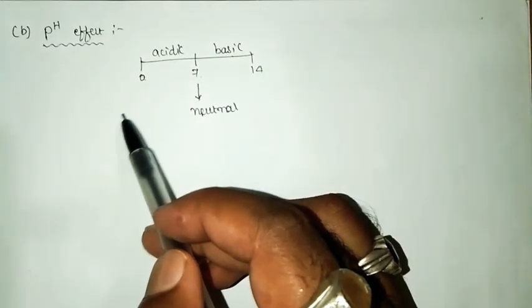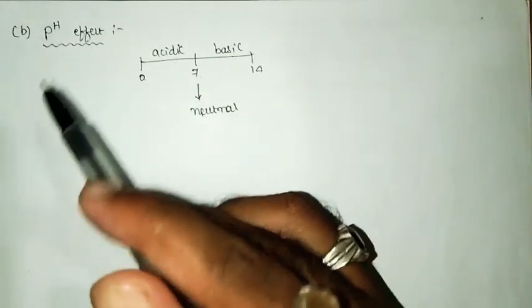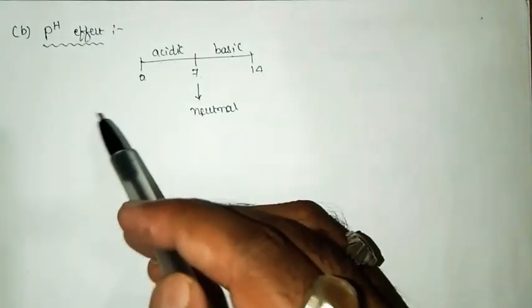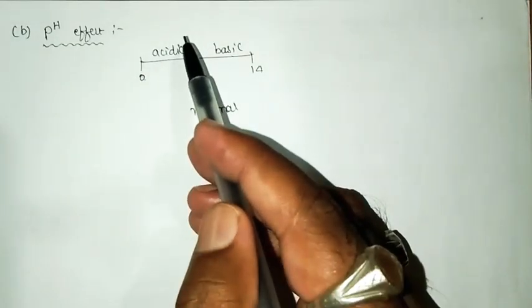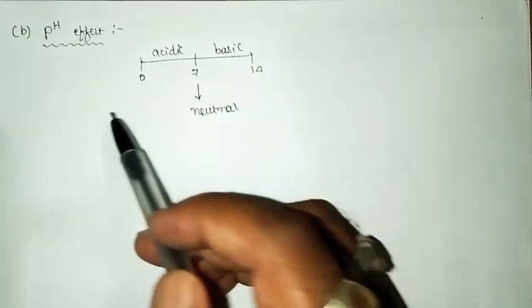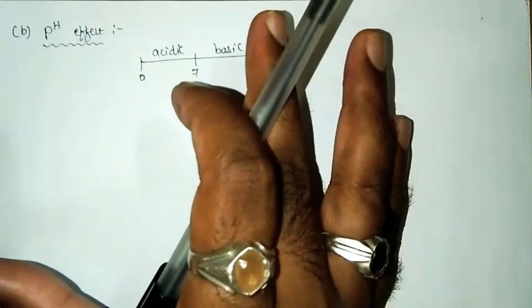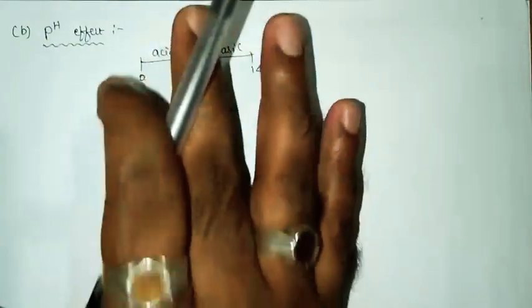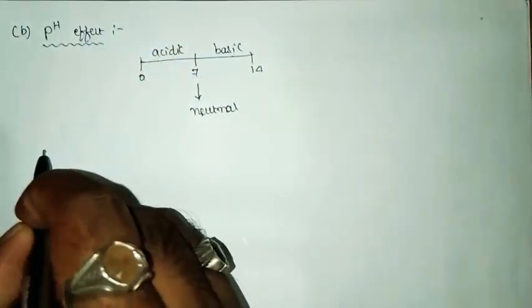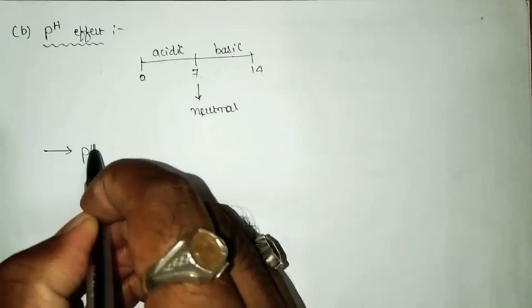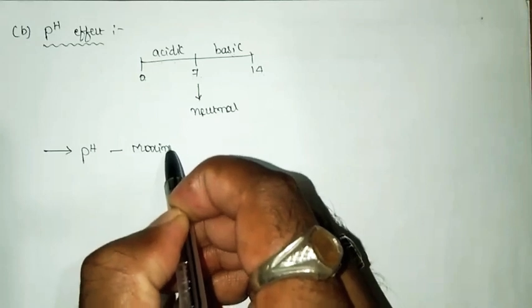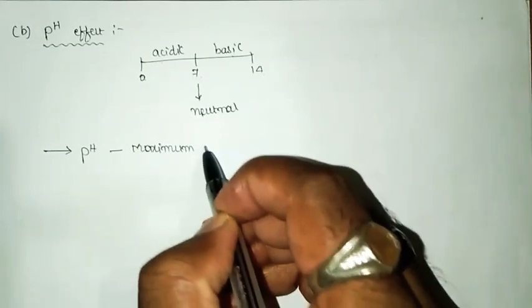Some enzymes will show best or maximum catalytic activity in acidic medium, and some enzymes will show best catalytic activity in the basic medium. That means for each and every enzyme there will be a particular pH at which it shows the best catalytic activity.